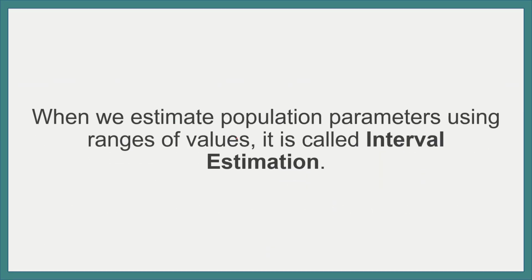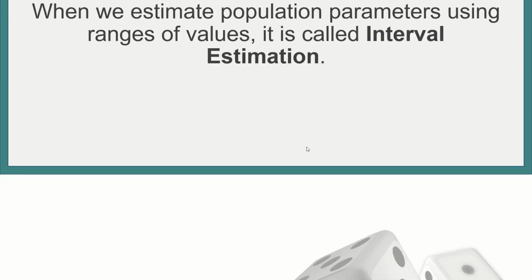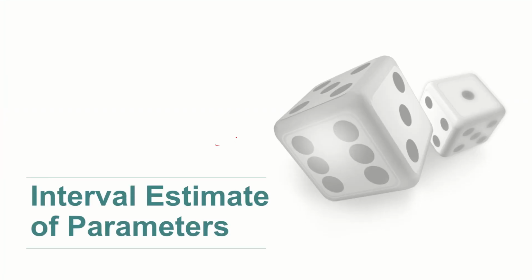When we estimate population parameters using ranges of values, it is called interval estimation. In our next video, we are going to talk about how to perform interval estimates of parameters and the concepts related to interval estimates of parameters.